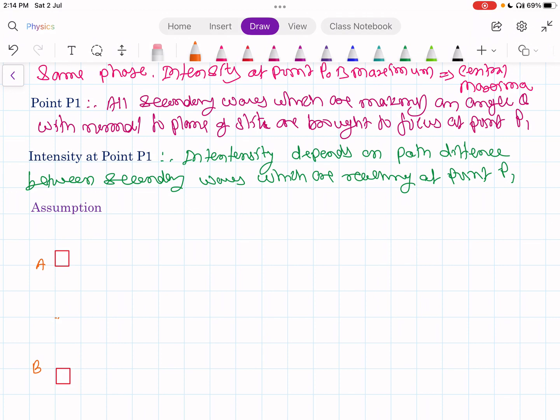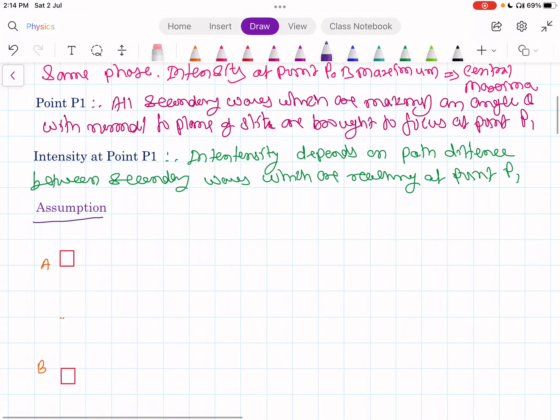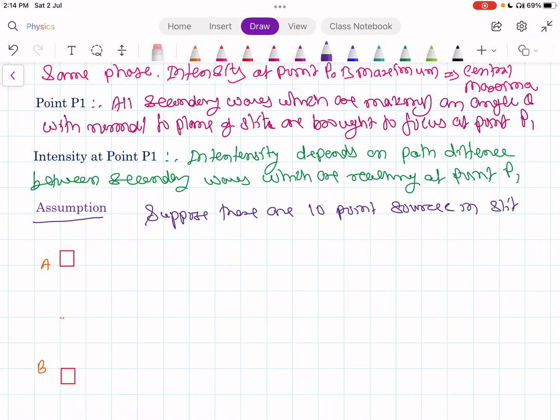So our assumption is, suppose there are 10 point sources in slit AB. So see, this slit AB is divided into, let's say, two halves. Slit AB is divided into two halves.